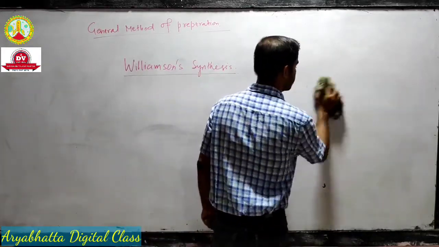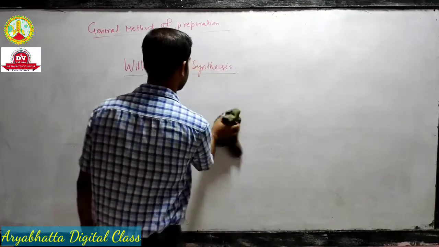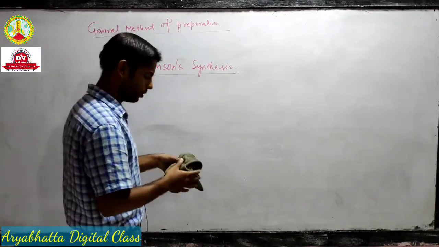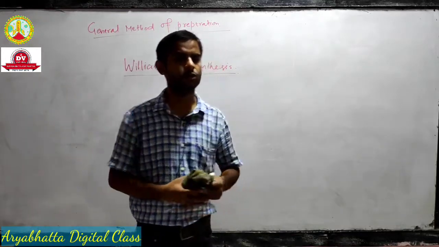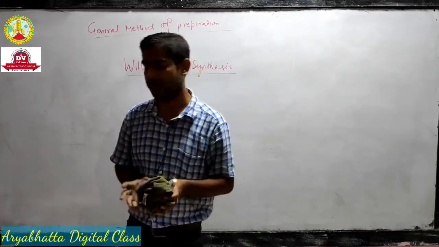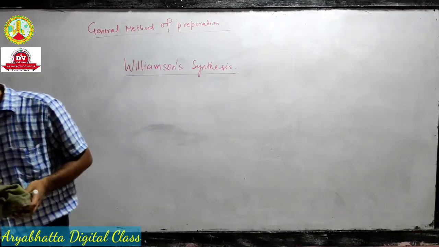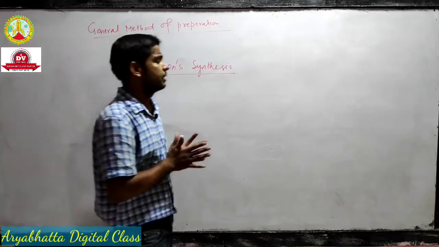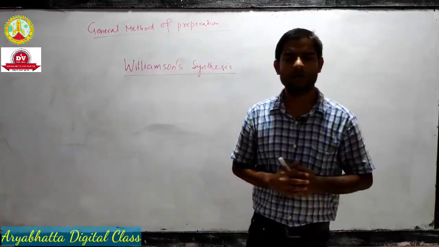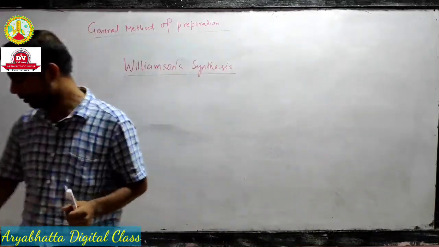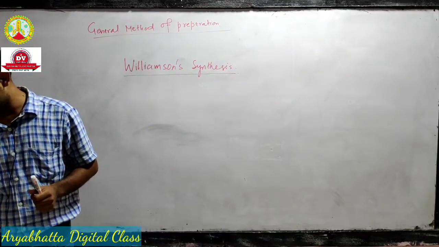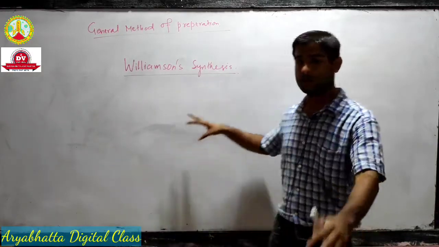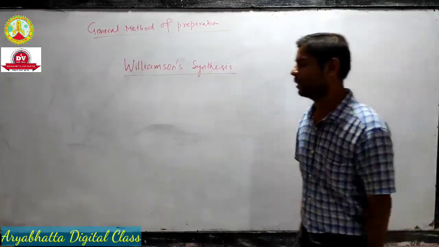We will see those questions when we discuss the exercise questions and previous year questions, in a separate video lecture. So now we will discuss some other reactions related to the chemical behavior of ethers. This was the general method of preparation for ethers.